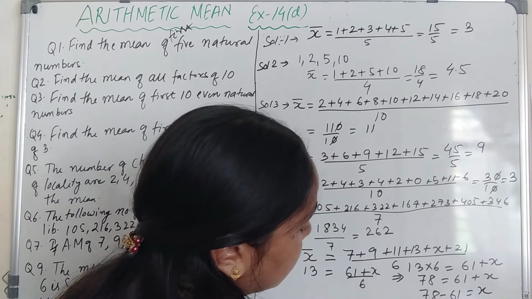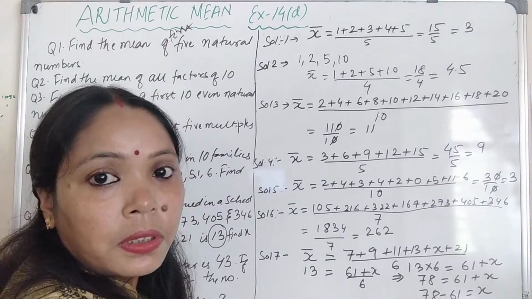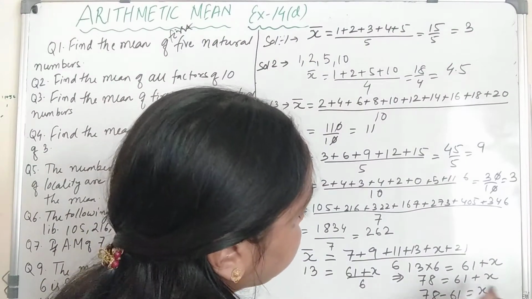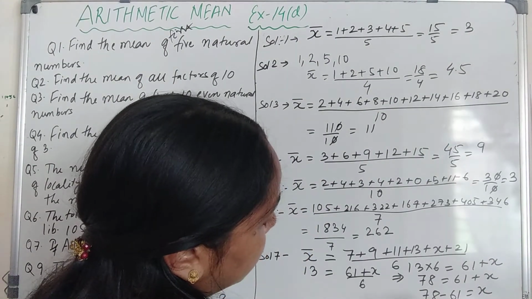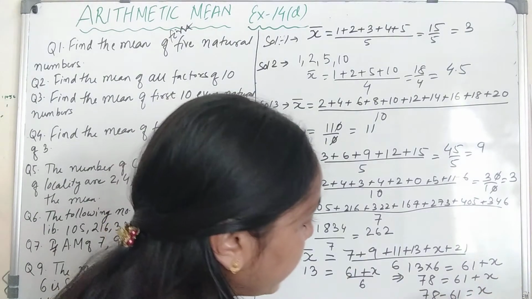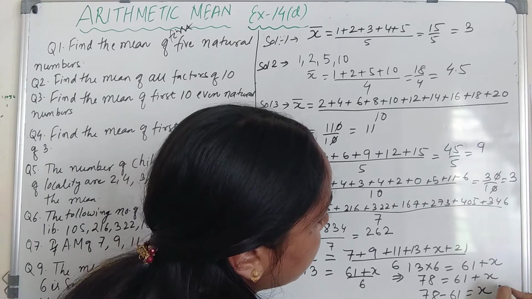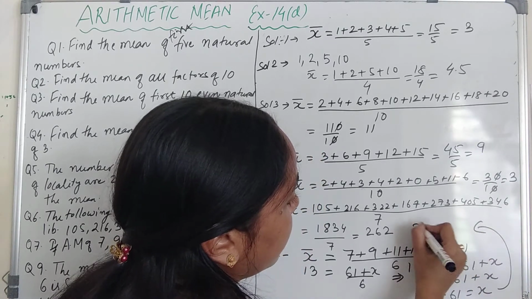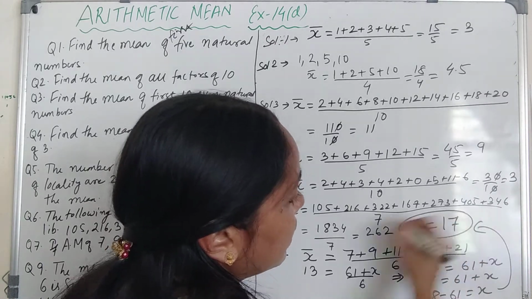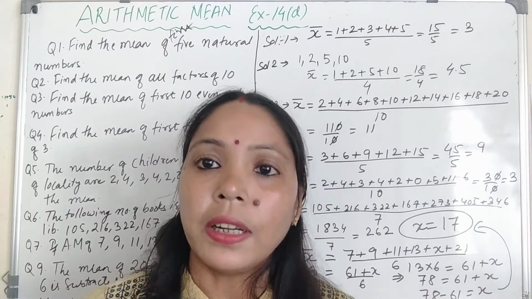So 78 minus 61 will be 17, which is equal to x. So 17 is the answer. So here x is equal to 17.